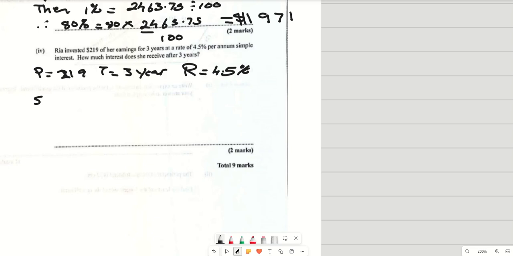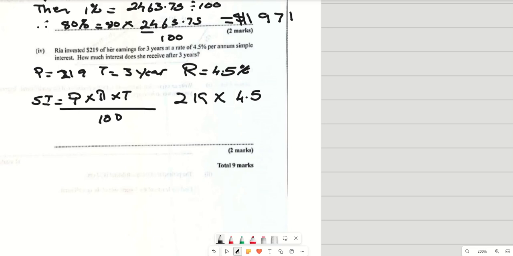So we know that simple interest is equal to principal by rate by time all over 100, which would be equal to 219 multiplied by a rate of 4.5 multiplied by a time of 3 all over 100.